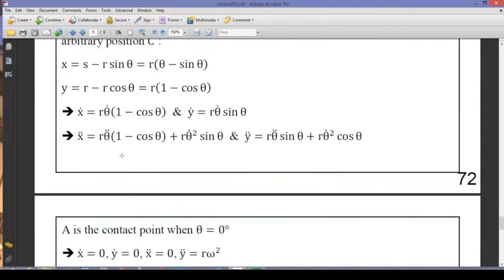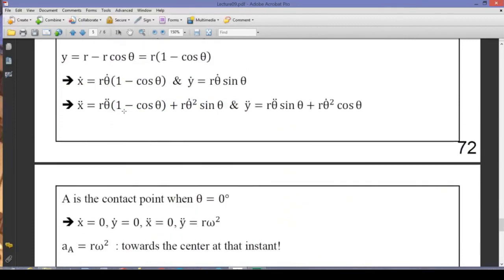In a similar fashion, we can work out the acceleration equations, and for the x acceleration, what we get is 1 minus 1 again, and then we see that there's no acceleration in the x direction. But then in the y direction, we find out that this is equal to 0, but then we have r theta dot squared in the y direction, and this is the centripetal acceleration information, as you remember.